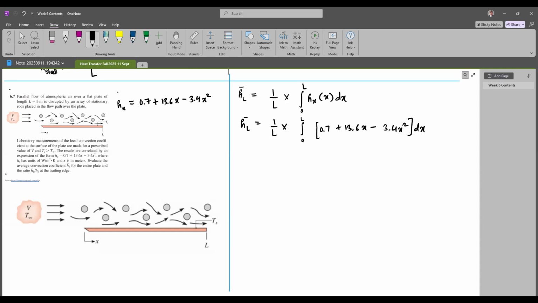So this is HL bar. HL bar would be 1 over L times 0.7 x plus 13.6 x squared over 2 minus 3.4 x cubed over 3, evaluated from 0 to L, right?